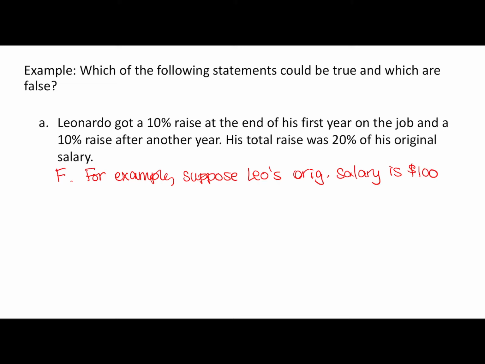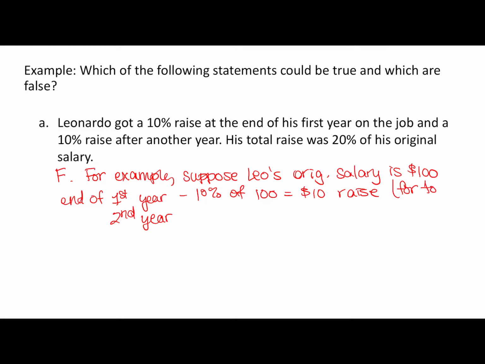Then at the end of the first year, he gets a 10% raise. 10% of 100 is $10. So he gets a $10 raise. At the end of the second year, he gets another 10% raise, but what is his total income now?